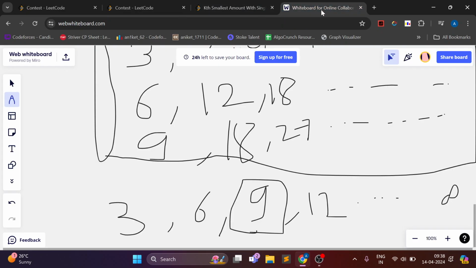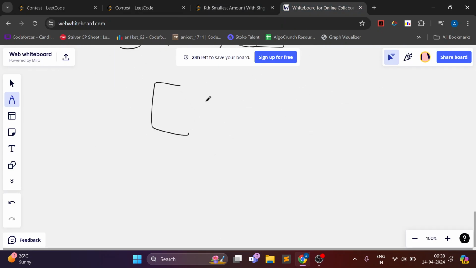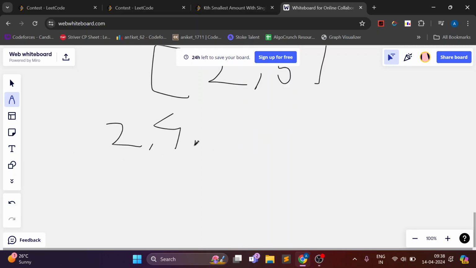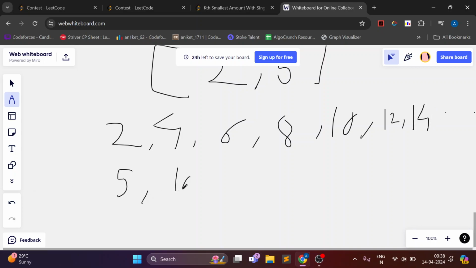Similarly, let's say from 2 comma 5, what can we make? From 2, we can make 2 4 6 8 10 12 and 14 up to infinity, and from 5 I can make 5 10 15 up to infinity.